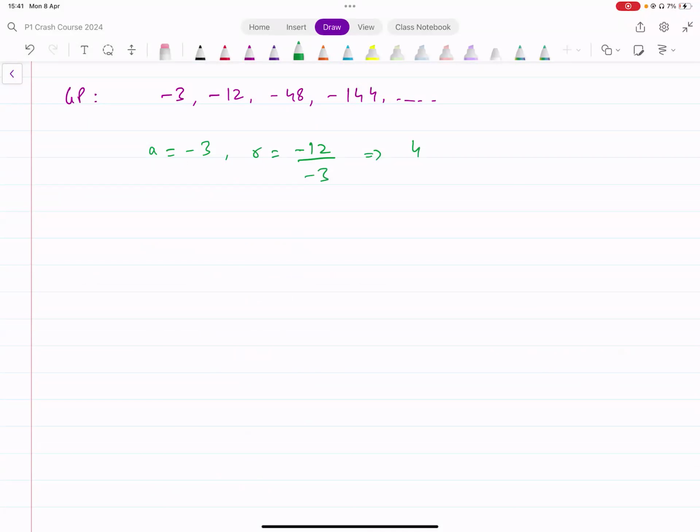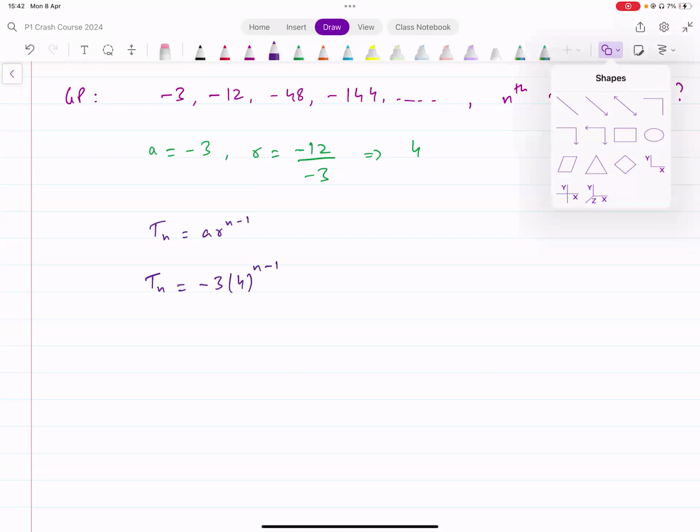The ratio is positive. If you were looking for the nth term formula for this, can you find that? Remember what the nth term formula is? A(r) raised to the power n minus 1. For this particular sequence, what would the nth term formula look like? A is -3, so that's -3 into r. R is 4 raised to the power n minus 1.